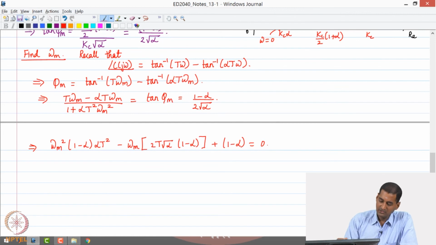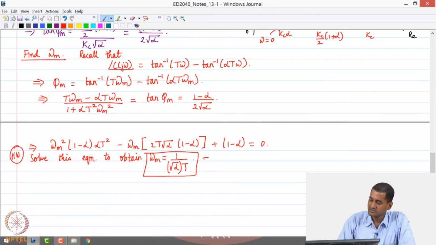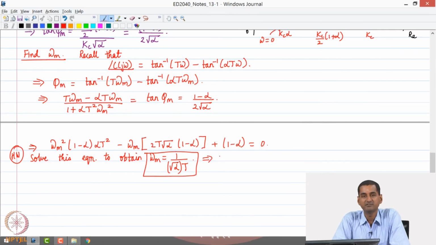One could solve this equation to obtain omega m as 1 divided by square root of alpha times t. This is something which I am once again going to leave you as a homework exercise. So, we see that the maximum phase is obtained at a frequency of 1 divided by square root of alpha times t.